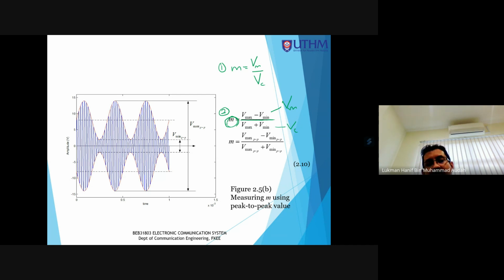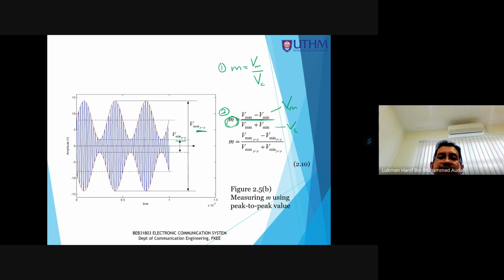And if you see the second graph like this, it shows you how to calculate using the peak-to-peak values. Peak-to-peak values means that we also consider the negative side as well. So from the maximum positive until the minimum negative is a peak-to-peak.